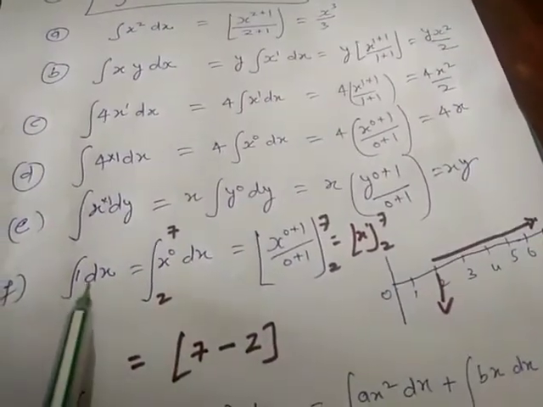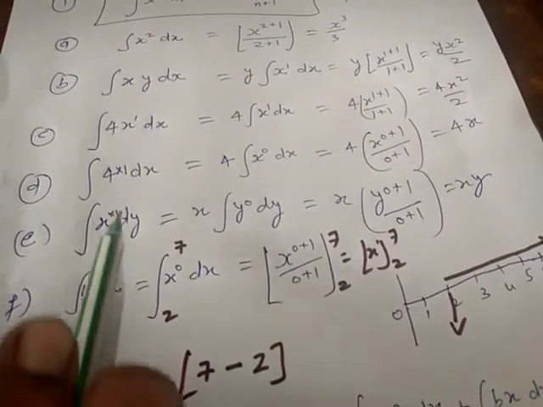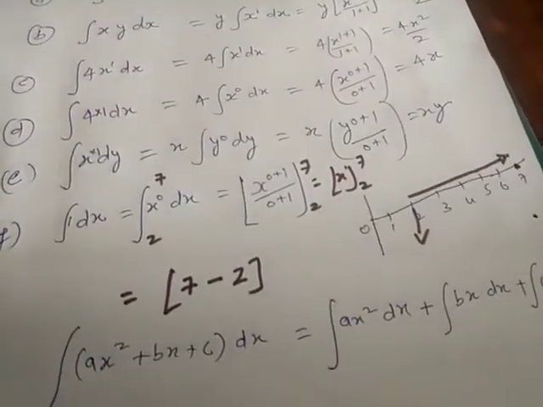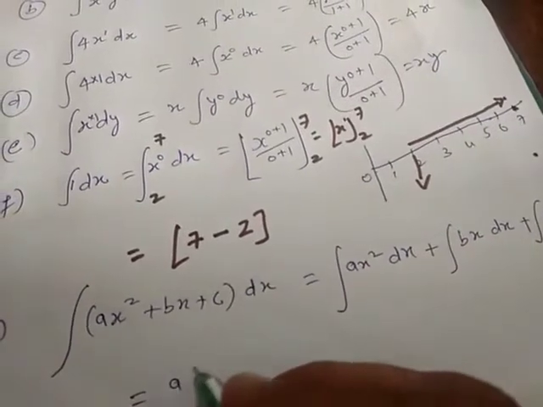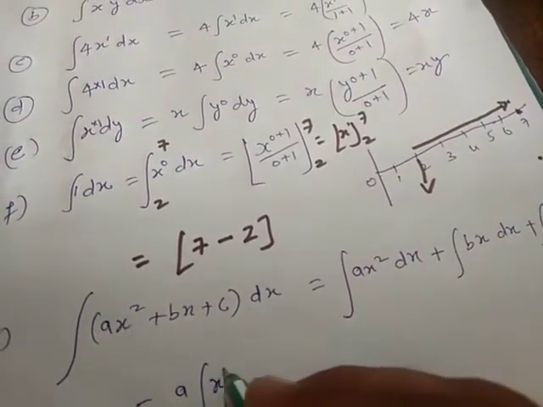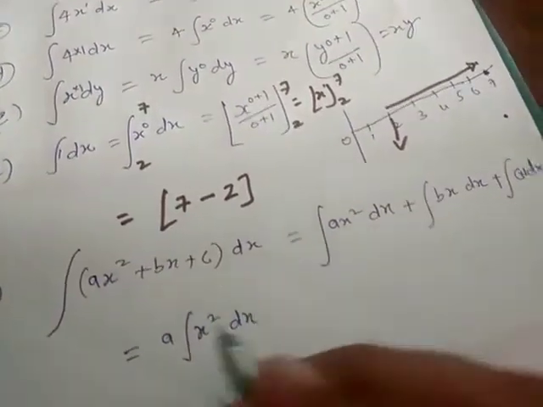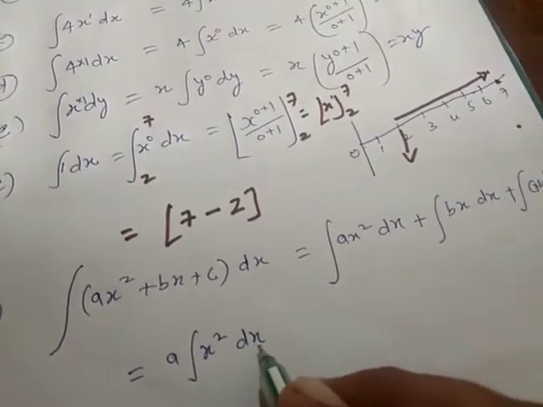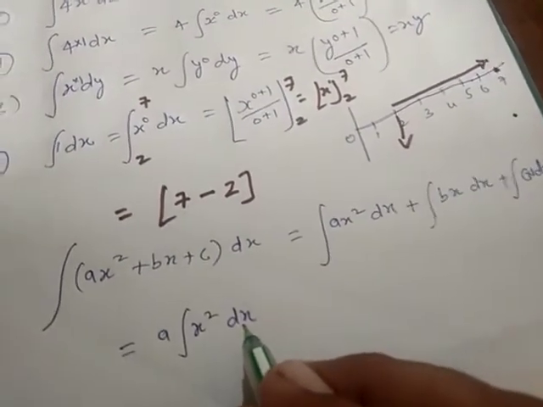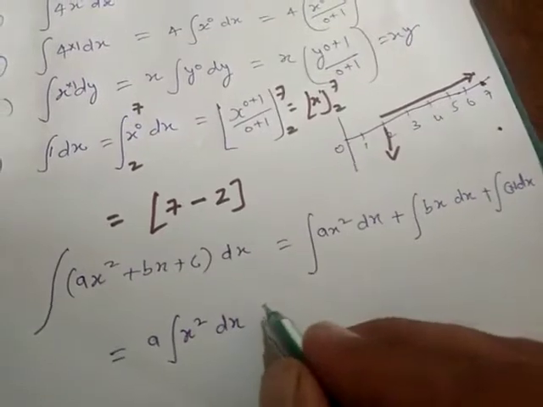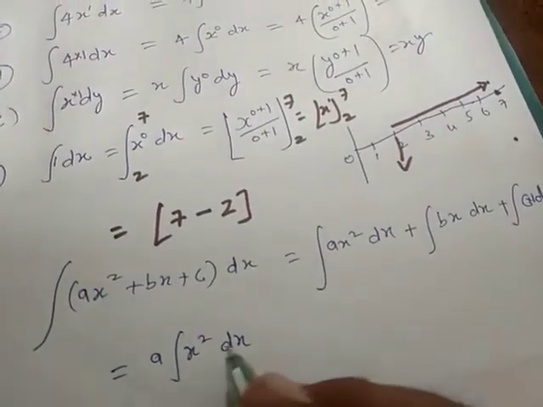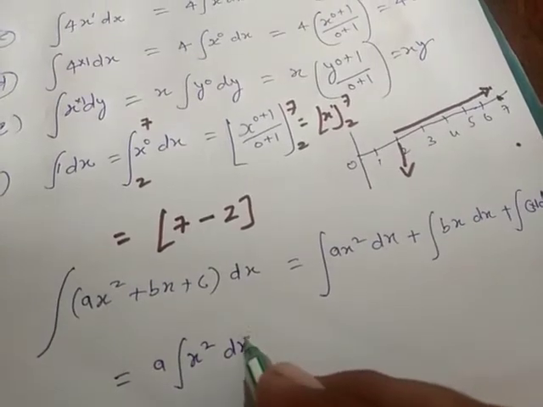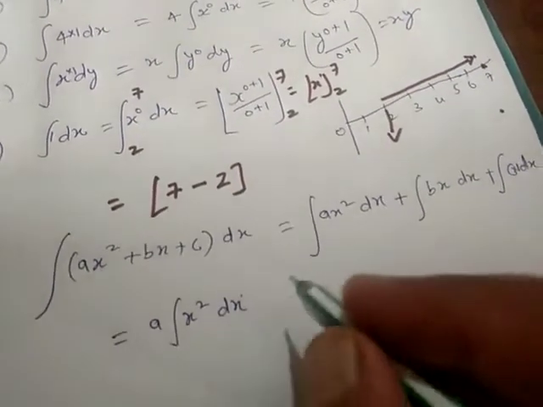A is a constant, so x square into dx. We can't multiply this x square and dx, dx is a small change. We can't say dx to power 3. Please don't do it. This dx is one term.